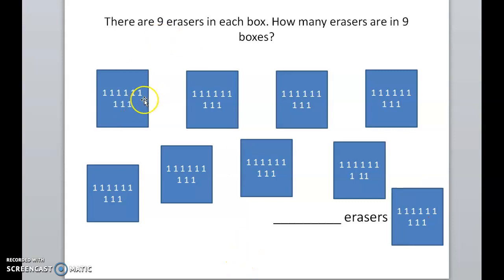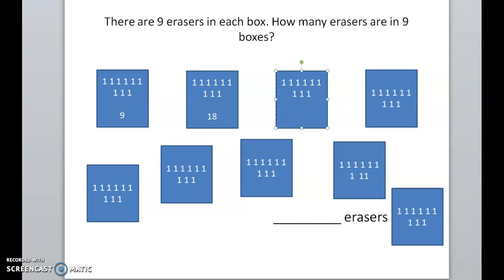And then again, we'll count. So I know this is 9. 9 plus 9 is 18. Or you could really count them, 1, 2, 3, 4, 5, 6, like that, each one individually. I'm just doing this to save time. 18 plus 9 is 27. This would be 36.